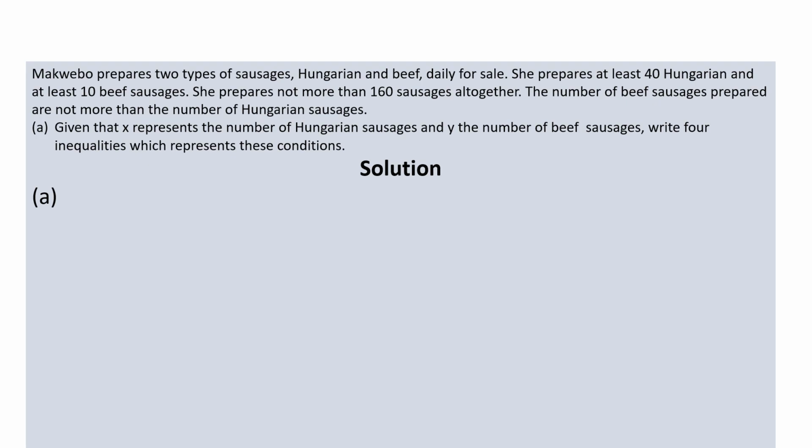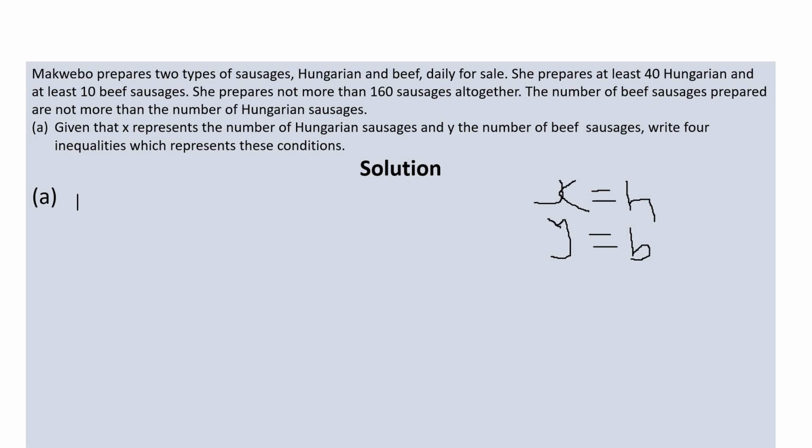In this case, let X represent Hungarian, and let Y represent the beef sausages, Y for beef. Now we have to come up with 4 inequalities which represent these conditions.